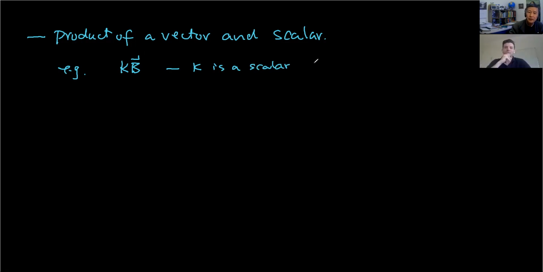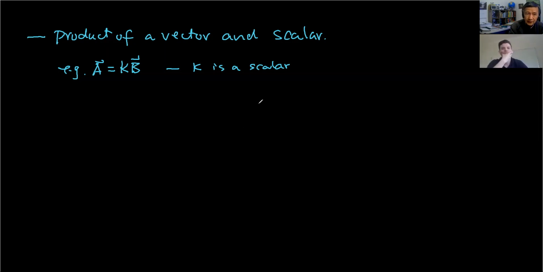So basically, if you multiply by a scalar, in this way we can build any vectors. If A equals Kb, then in other words you just take the direction.